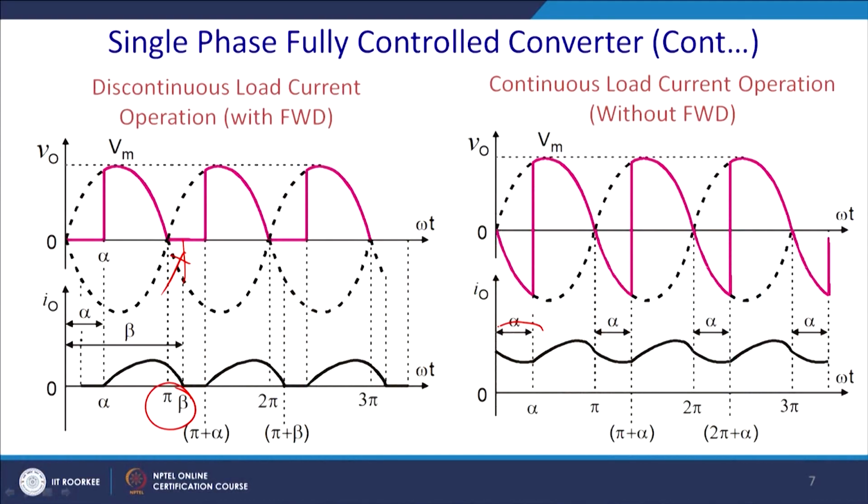And if the load current is quite high, then you may have a continuous conduction mode, and in this case you can see that the current still follows alpha. Thereafter, since the thyristor is conducting, this is without free wheel. So, for this you get a huge part of negative voltage.